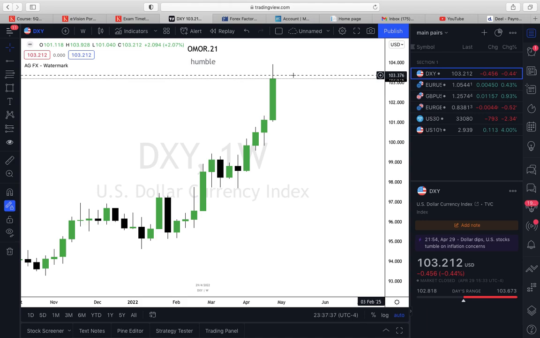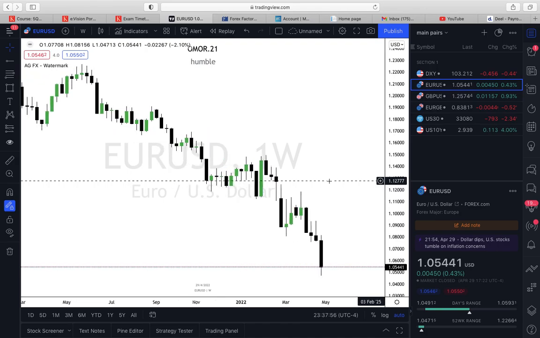These are all things you have to consider. It's about collecting data, letting the market show its hands, forming a scientific approach to the market, and then enter when you have conviction, when you are sure, right? Now, let's consider the DXY in terms of the euro and the pound.